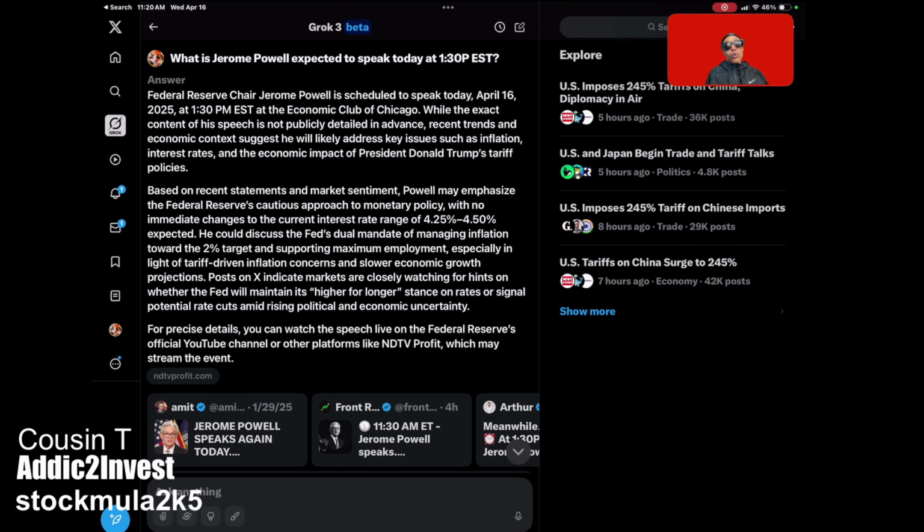Posts on X indicate markets are closely watching for hints on whether he's going to maintain his higher-for-longer stance on rates or signal potential rate cuts, amid rising political and economic uncertainty. If you know me, especially if I do the one-on-ones with you, we get into Jerome Powell.